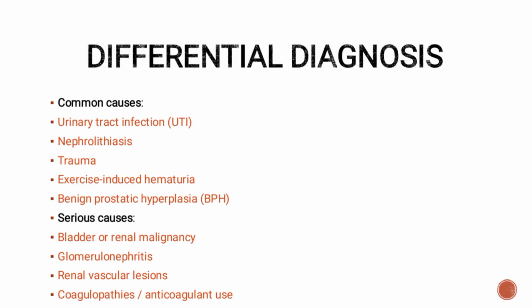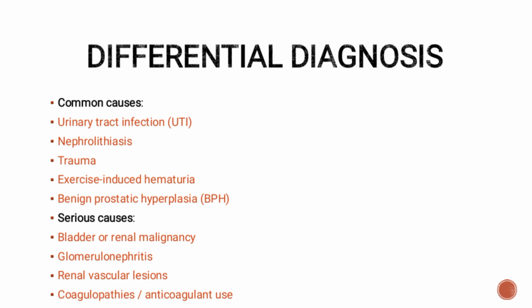Differential diagnosis. Not all red colored urine is true hematuria. Laboratory confirmation with microscopy distinguishes red cells from free pigments like hemoglobin or myoglobin. Clinical correlation is crucial to avoid unnecessary investigations. Common causes of hematuria include UTIs, stone disease, trauma, exercise-induced hematuria, and benign prostatic hyperplasia.